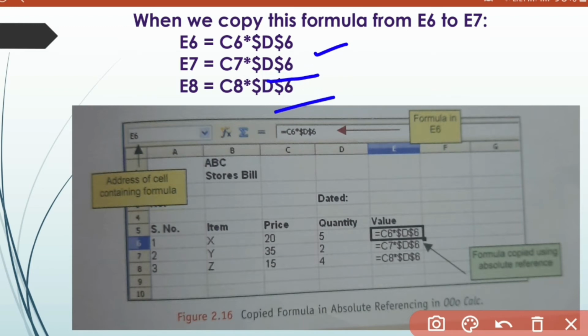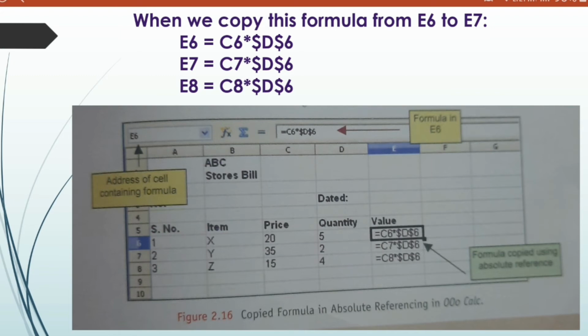That is, in all copied formulas, always the cell value of the cell D6 will be considered. If we copy this formula to E7, the copied formula would be C7 * $D$6. In E8, it would be C8 * $D$6. This C6, C7, C8 is changing because they are relative referencing, and this $D$6 is absolute referencing. Therefore, it is not changing.